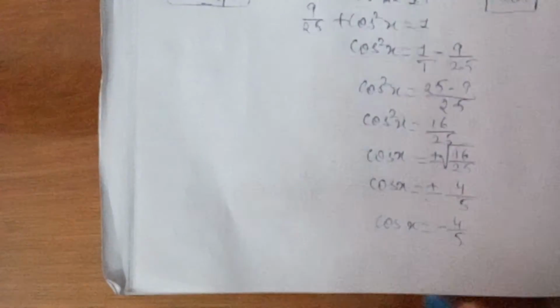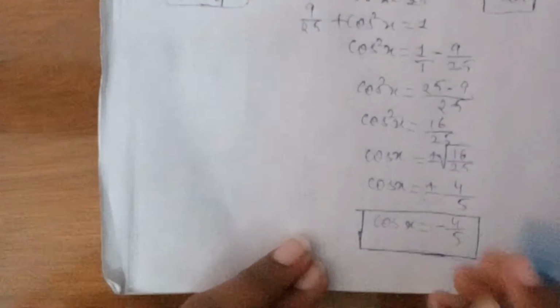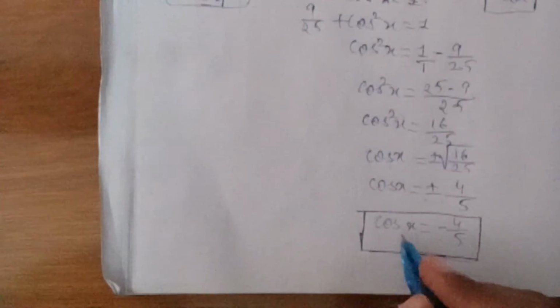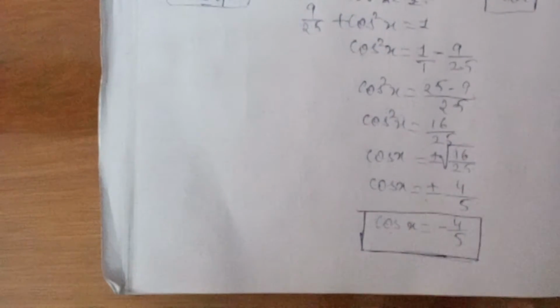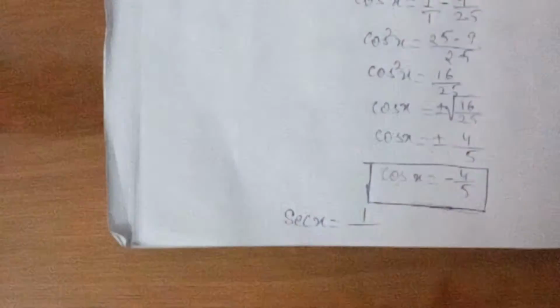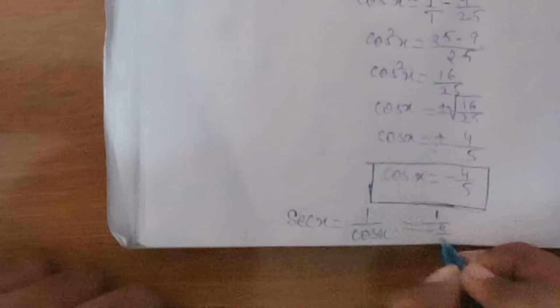So we got the value of cos. How can we find the other values? By reciprocals, as I have said just now. If we know the value of cos, we can find the secant, that is the reciprocal of cos. Secant is 1 by cos x, so 1 by minus 4 by 5.